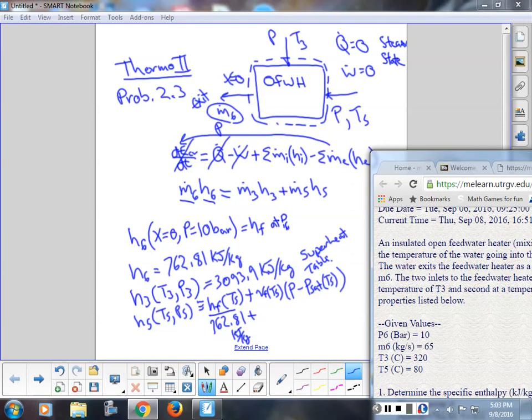VF, which is 1.1273 cubic meters per kilogram, times the pressure. The pressure is 10 bar.